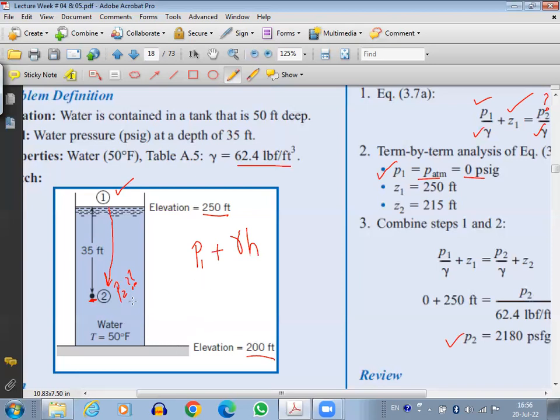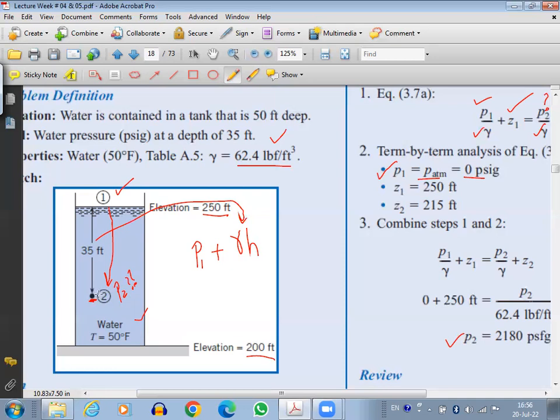I'm using a direct approach. Gamma into H. Gamma will be the gamma for water, which is given. And H will be how much height I have gone down from 1 to 2. So this is 35 feet. How much am I going down from point 1 to 2?